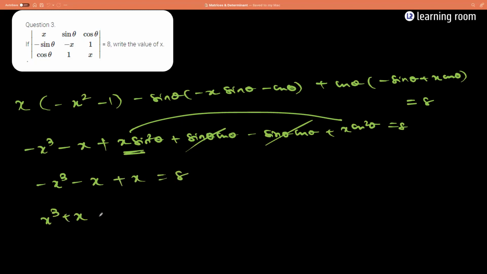So x cube plus x minus x, and x are gone. So x cube is equal to minus 8. So x is minus 2. Minus 2 is the answer.